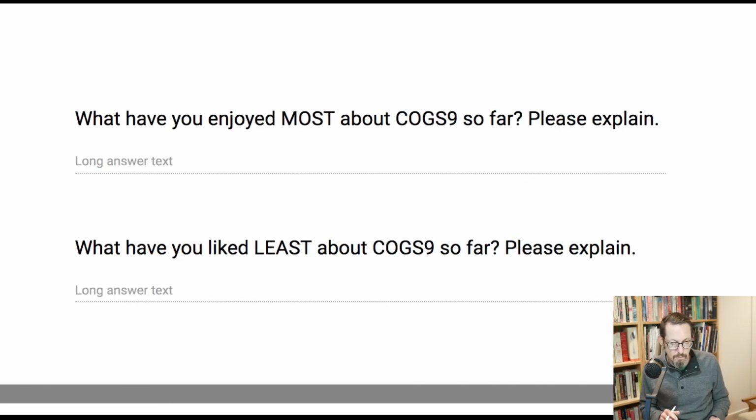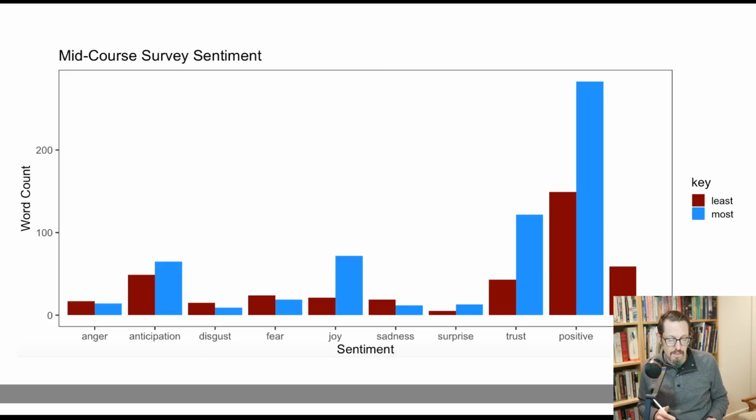So here's a quick example. If you remember during the student survey in the midterm, I asked you what you have most and least enjoyed so far. We can do a sentiment analysis on that text using an established lexicon that's freely available, and find out whether there was a match between the least enjoyed and most enjoyed comments and their sentiments.